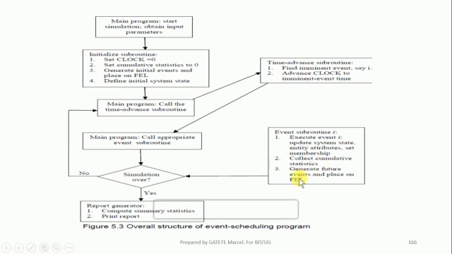After doing this, it will return to the main program. The main program will ask itself if the simulation is over or not. If it is over, we stop. If not, we continue until all events have been scheduled.